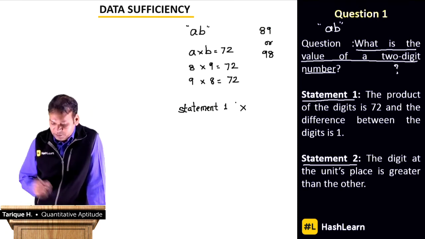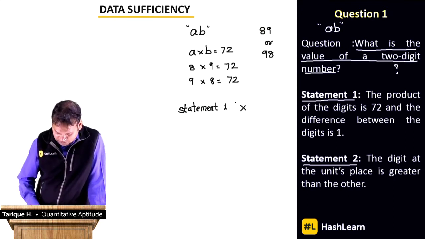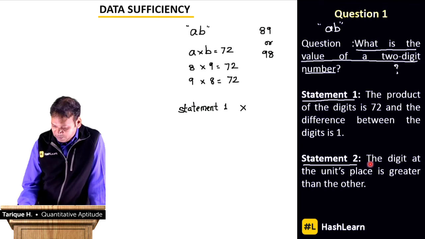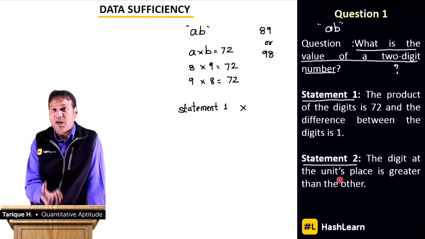Now let's try with statement 2. When you're working with statement 2, you will only take the information of statement 2, nothing else. It says here the digit at the units place is greater than the other. One mistake that students make while going to statement 2 is that they borrow the information they got in statement 1.